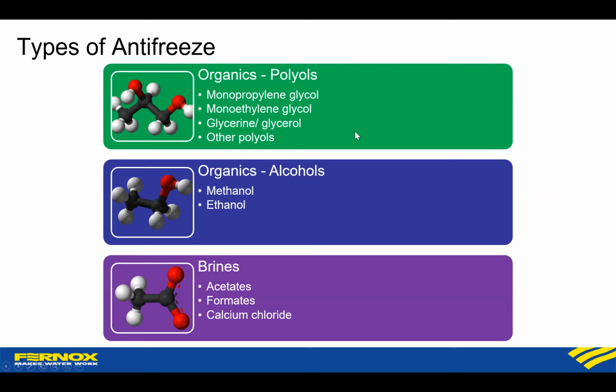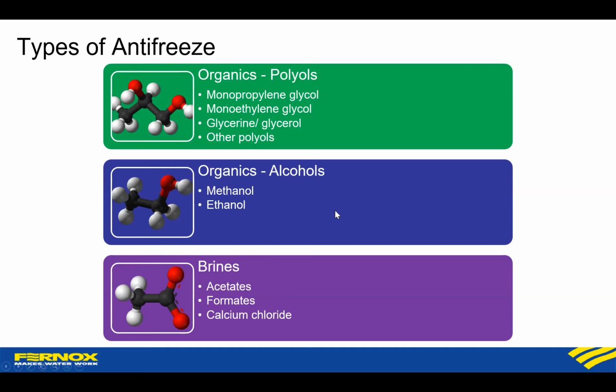And how they all work, you can see without boring you with the chemistry too much. You can see that they've all got these red oxygen atoms, and it's those red oxygen atoms which interact with the water, get in the way of the molecules, and so stop it from freezing as easily.